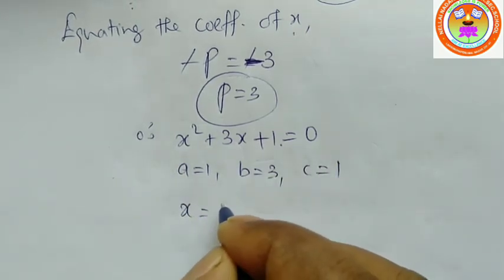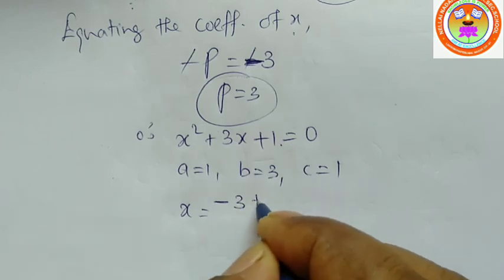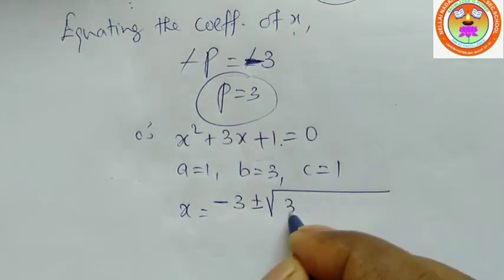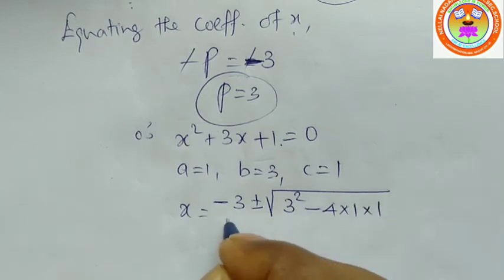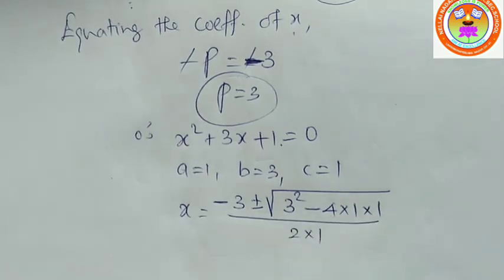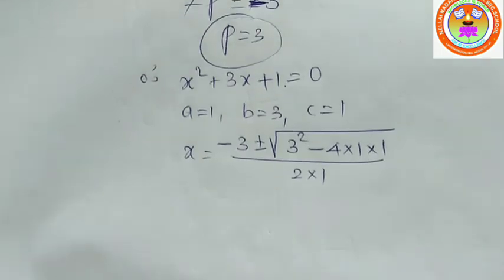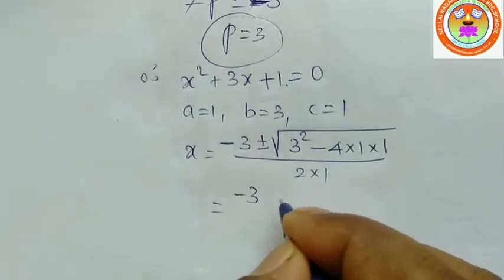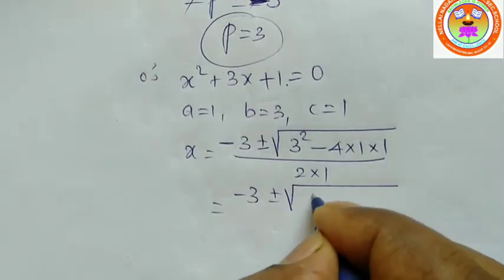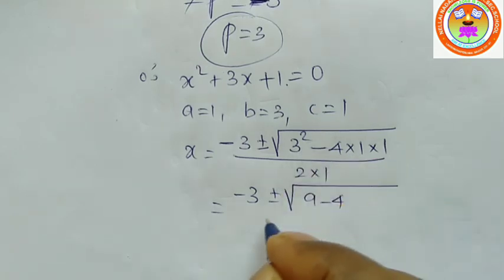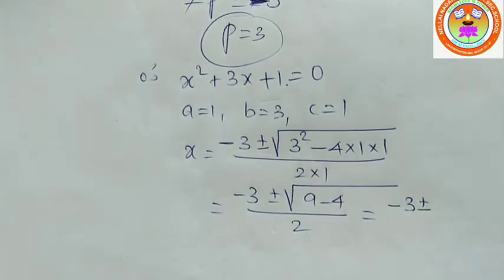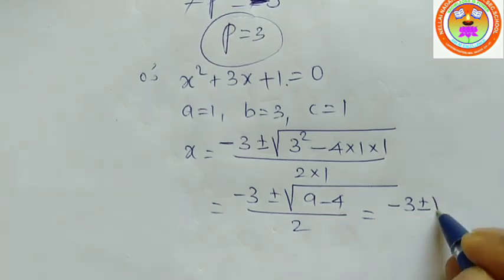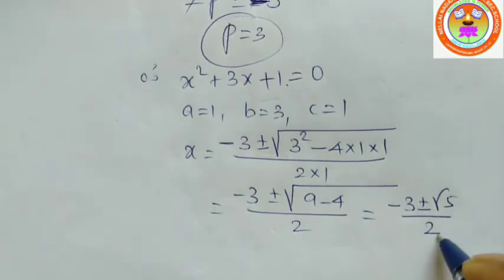So x is equal to minus b plus or minus root of b square minus 4ac by 2a. So the answer is minus 3 plus or minus square root of 9 minus 4 by 2. That is minus 3 plus or minus, 9 minus 4 is 5, so root of 5 by 2.